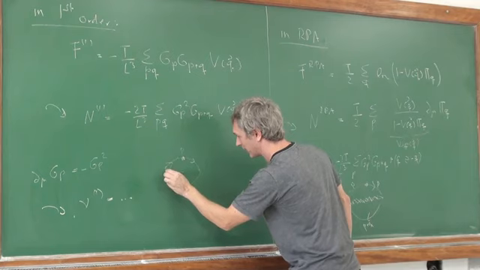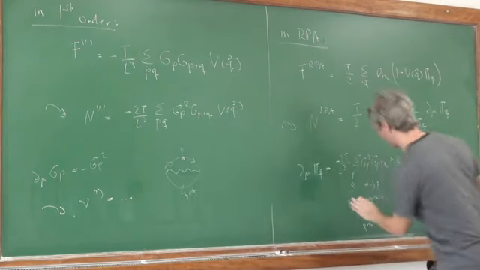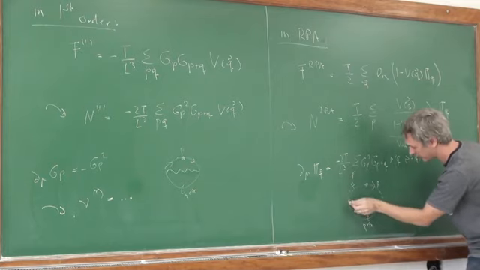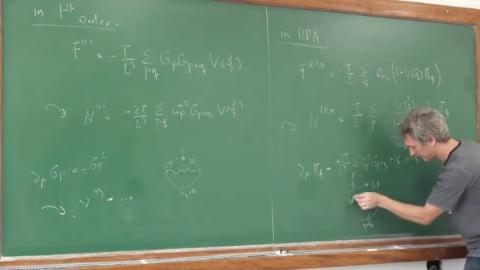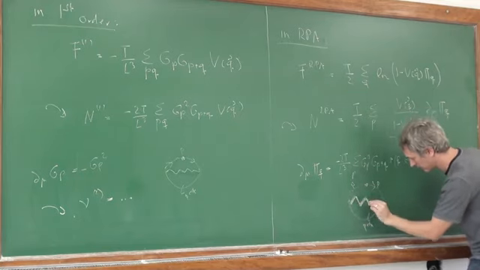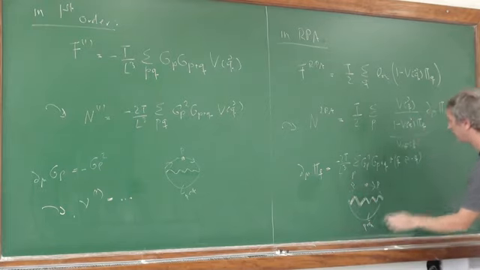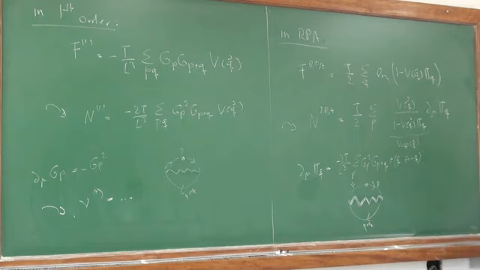Okay, let's try to make this better. This is just a wiggled line, and this here is some fat line, which is representing the effective interaction potential.